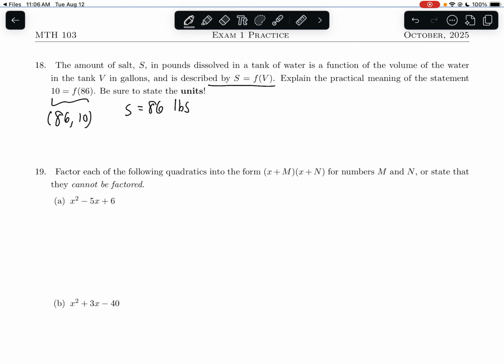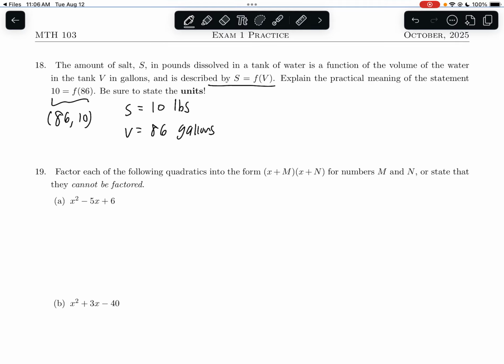Sorry, I wrote this wrong. The output is 10 pounds of salt. The input, V, is 86, and that is in gallons of water.